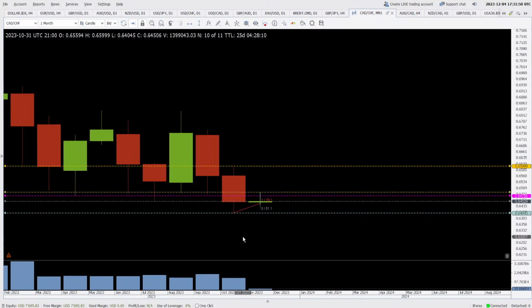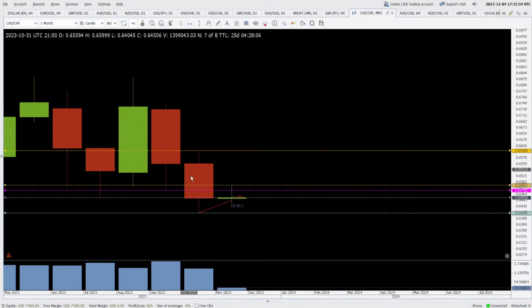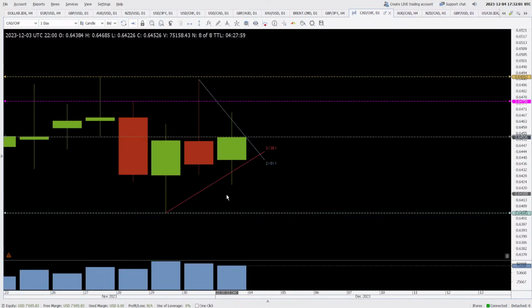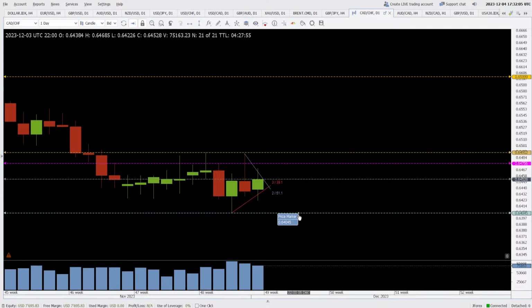But right now, the price has made 0.6404. This is the lowest price on the monthly, and if the price trades below this, then there is no turning back. I think we'll see the Canadian dollar getting crushed in front of the Swiss franc, and this is, I think, more definite to happen.